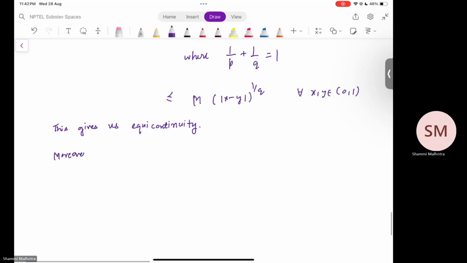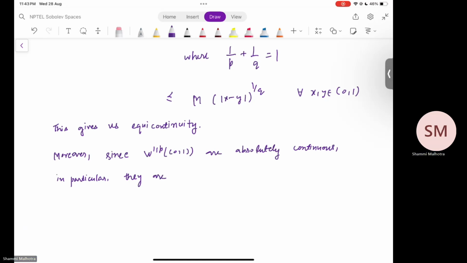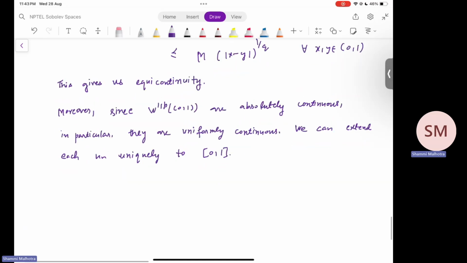Moreover, since W^{1,p}(0,1) functions are absolutely continuous, in particular they are uniformly continuous, we can extend each u_n uniquely to the closed interval [0, 1].